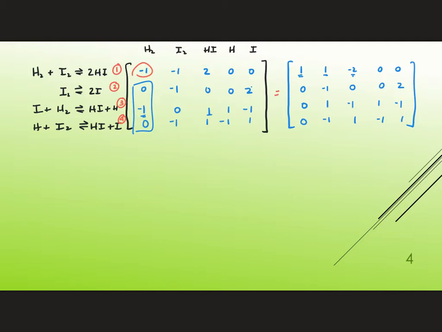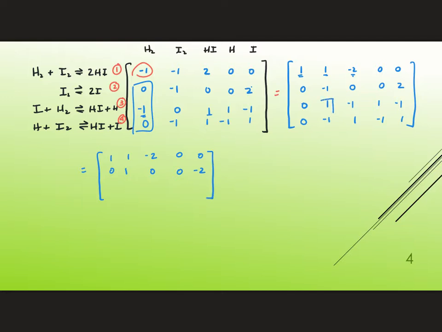Okay. The next step, I'm not going to have to do anything to my top row. I want to have a 0 in the first position that's non-zero. So I'll divide by negative 1. 1, 0, 0, negative 2.